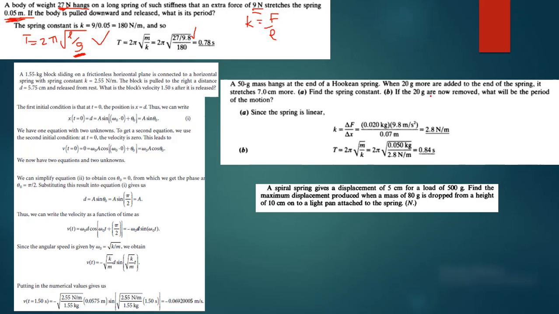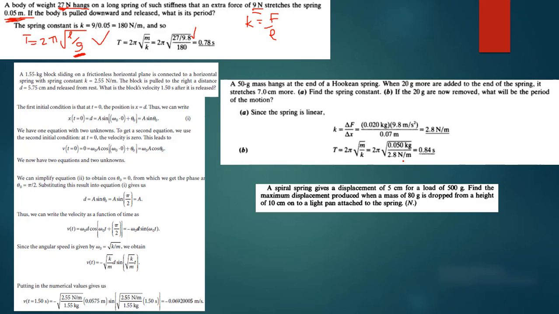If 20 grams are now removed, what will be the period? It means if 20 grams are removed, the oscillating mass is only 50 grams. Okay, hii imekusaidia kupata spring constant. So you know time period is 2 pi square root of m over k. The mass is 50 grams, the spring constant is 2.8. So simple like that.